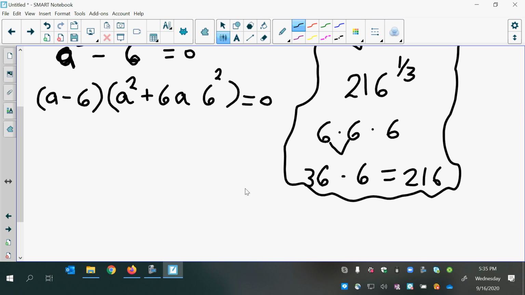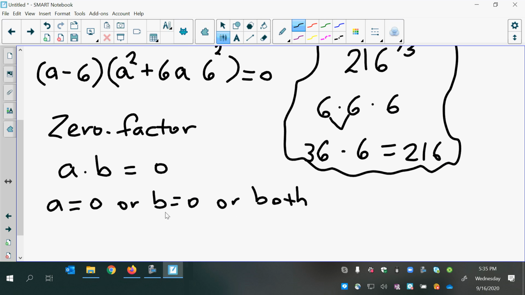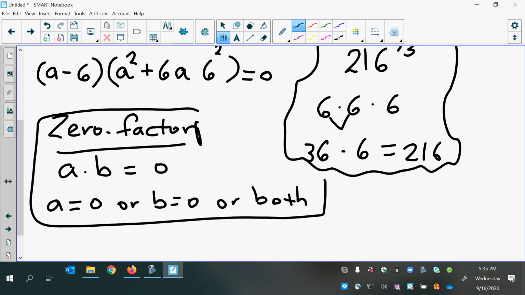So first of all, we can use the zero factor property, also sometimes called the zero product property, which just means that if you multiply two things and get 0, then you know that a could be 0 or b could be 0 or both. So we use that quality that we observe as being something that truly does happen. That's a property, meaning it's something we can observe.